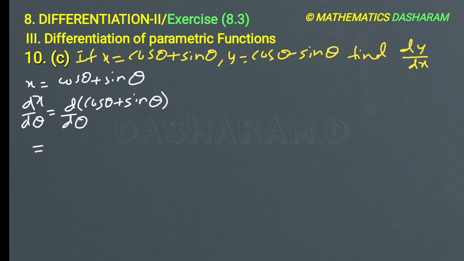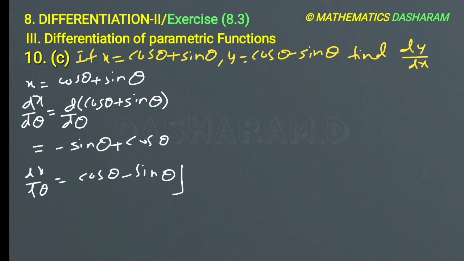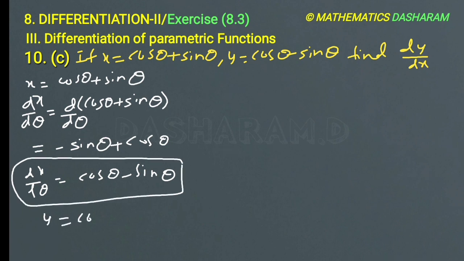The derivative of cos theta is minus sin theta and the derivative of sin theta is cos theta. So dx by d theta equals, first write the positive term, next the negative term, cos theta minus sin theta.